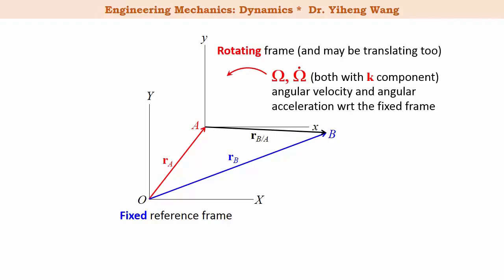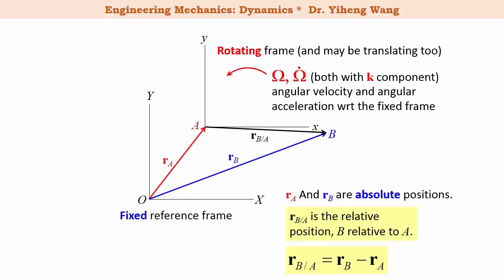The origin of this frame is at point A and is moving with point A. Ra and Rb are still the absolute position vectors of points A and B measured from the fixed frame, and the difference is still the relative position vector, in this case B relative to A. This relative position vector can be represented in either the fixed frame or the rotating frame.